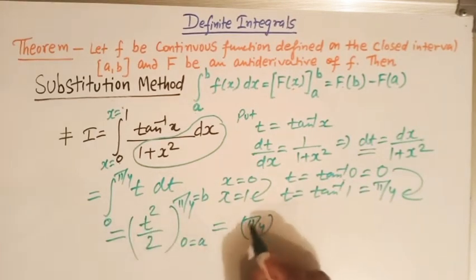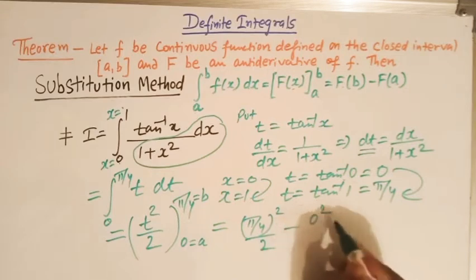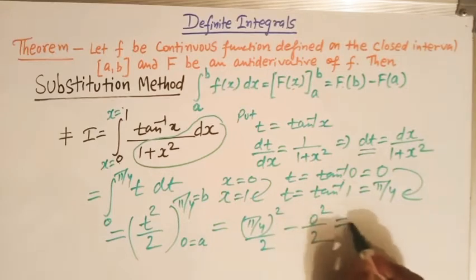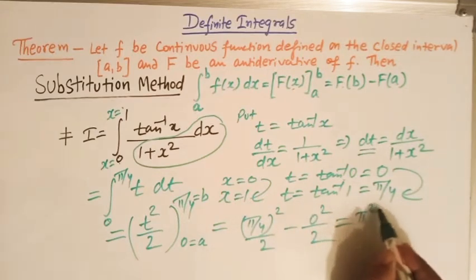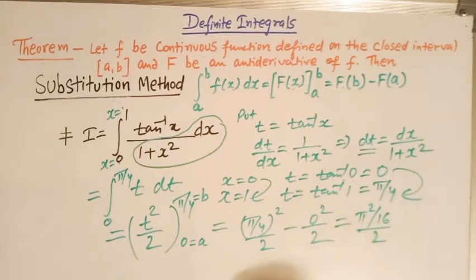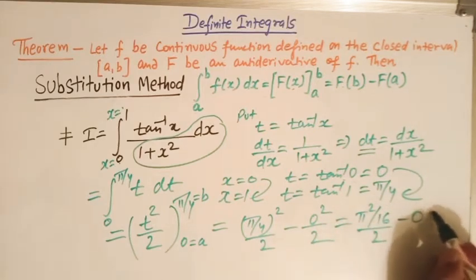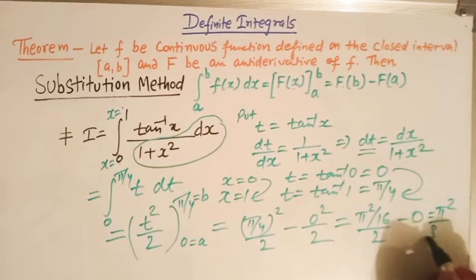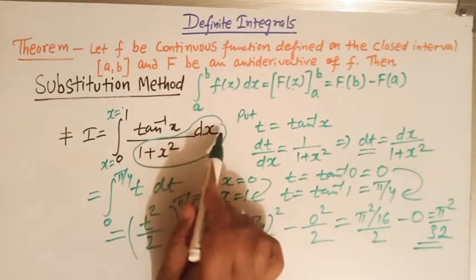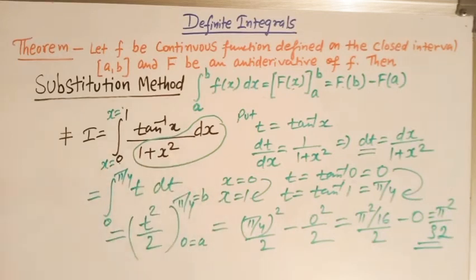So this is (pi by 4) square divided by 2 minus 0 square divided by 2. So this is pi square over 16 divided by 2. This is 0, so we have pi square over 32, right? So pi square by 32 is the value of this integral.